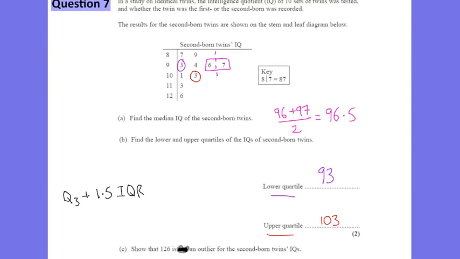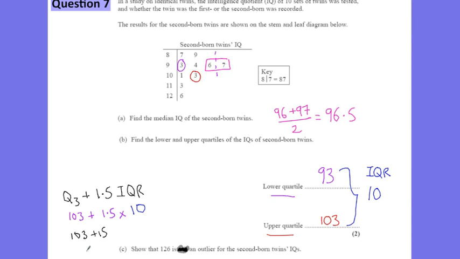So first off, we know that the upper quartile, Q3, is 103, and we add 1.5 times the interquartile range. We're finding the interquartile range here by looking at the difference between the lower and the upper quartile. Subtracting them, we get a value of 10. This is the interquartile range. Substituting that in here, we have our 10. So we have 103 add 15.